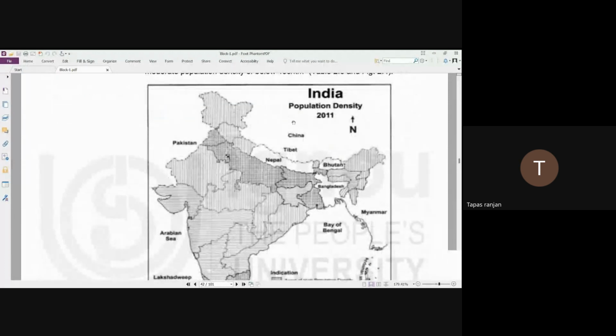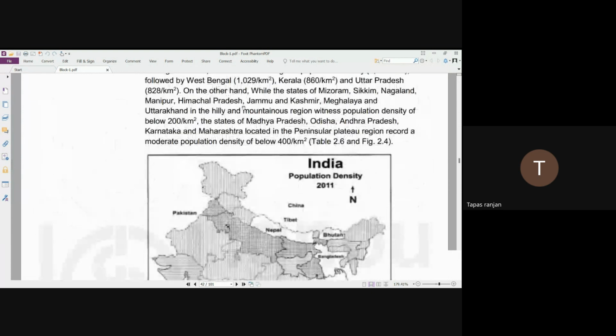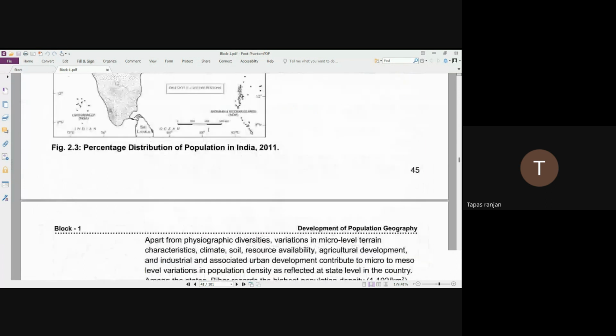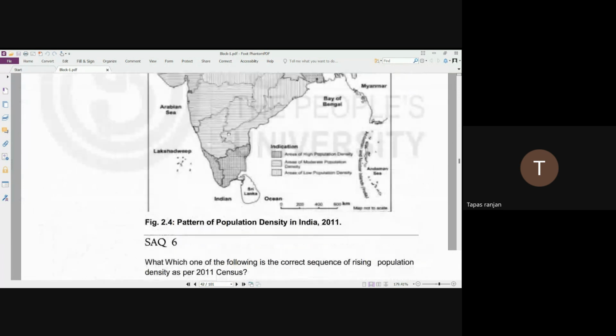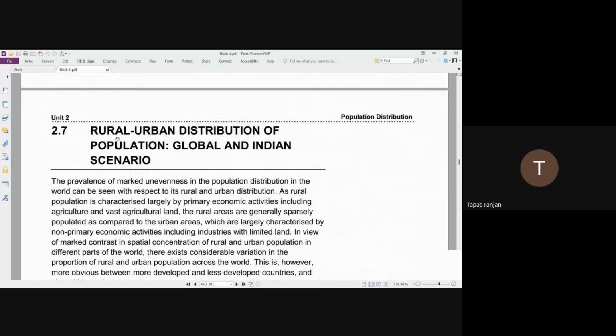So this is the population density map of India. You can even find the data of population density of the 2011 census. Then the rural urban distribution of population.